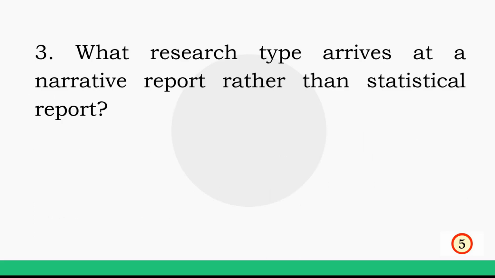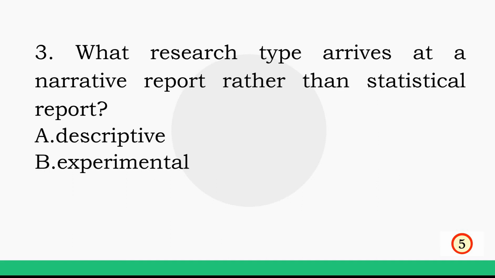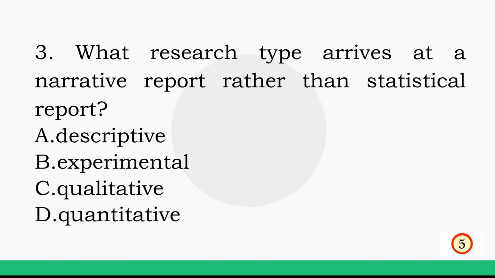What research type arrives at a narrative report rather than statistical report? A. Descriptive. B. Experimental. C. Qualitative. Or D. Quantitative. Start. And the correct answer is C.